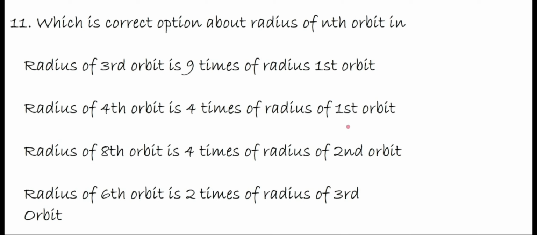Then which is the correct option about the radius of the nth orbit in hydrogen? Radius of third orbit is 9 times the radius of the first orbit. Radius of fourth orbit is 4 times the radius of the first orbit. So let's see how many times it is going. So Rn is equal to R naught n square, right? Let's talk about the third one.